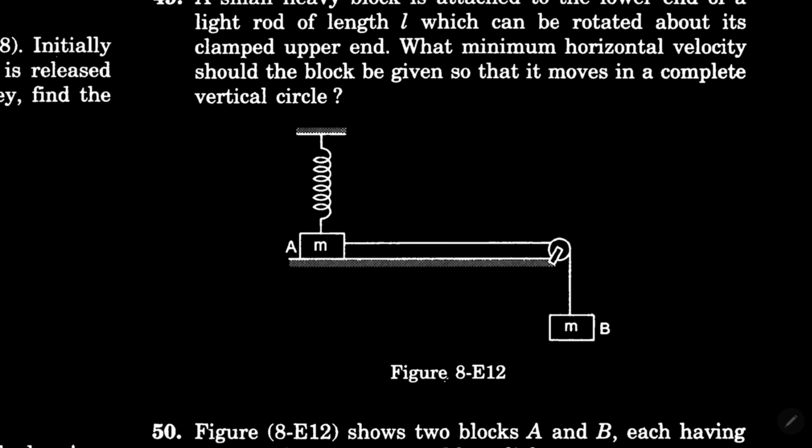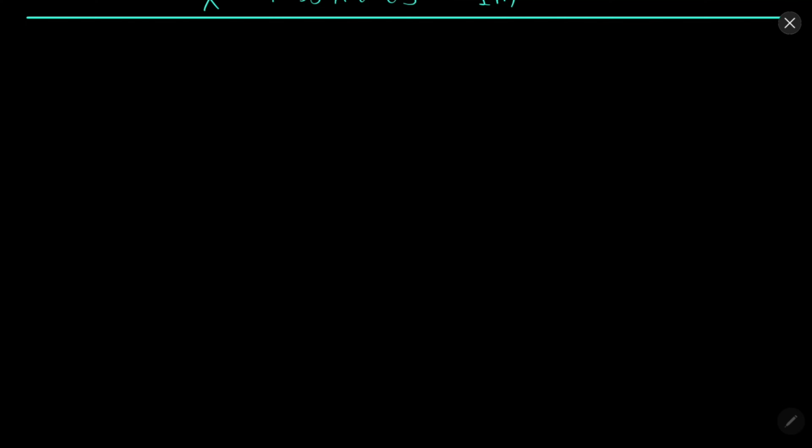In question 49 we have this system as shown. What minimum horizontal velocity should the block be given so that it moves in a complete vertical circle? 49th. So by the conservation of energy at point A and B, we will have this particular formula.